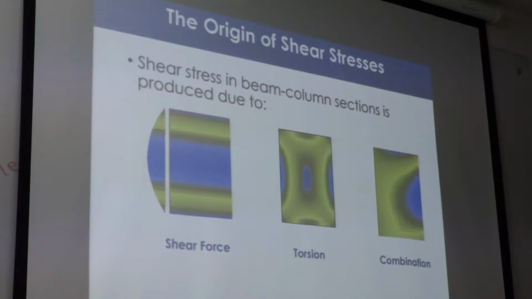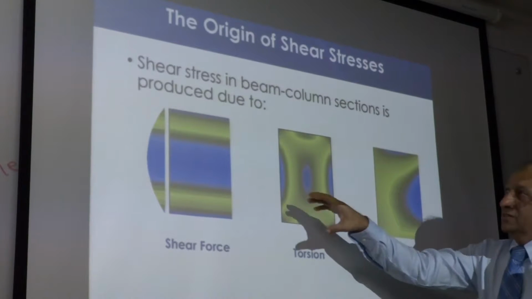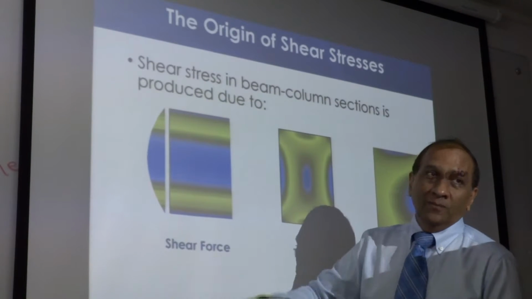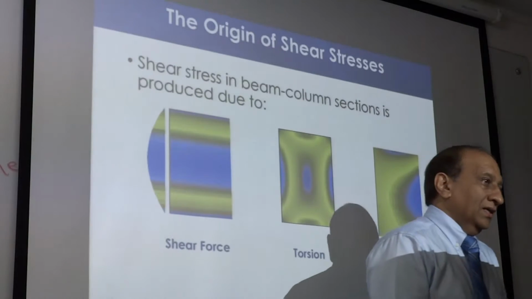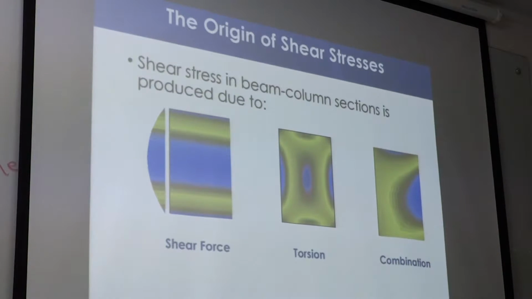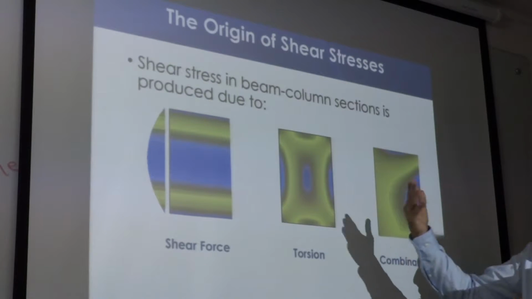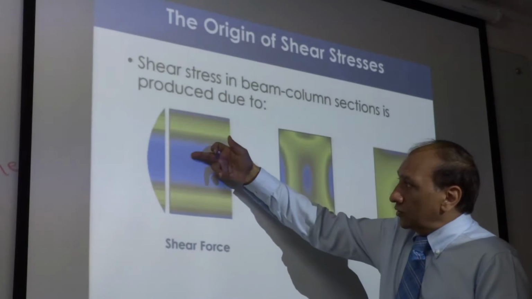Most of the resistance to shear will come from the center of the section, and it is not uniform, right? So this is the first important thing to recognize: the shear stresses and shear resistance depend on the location in the section.